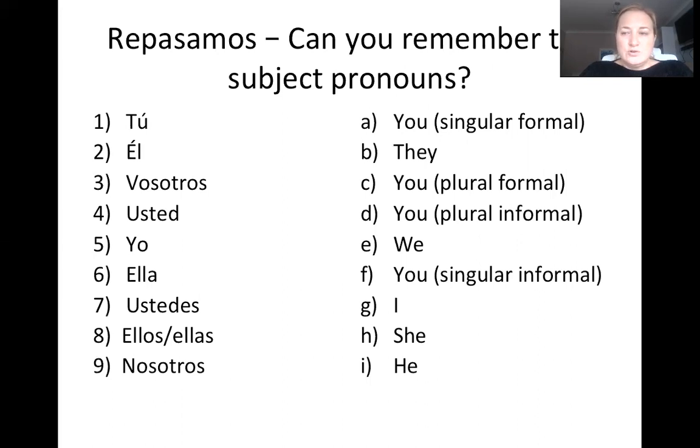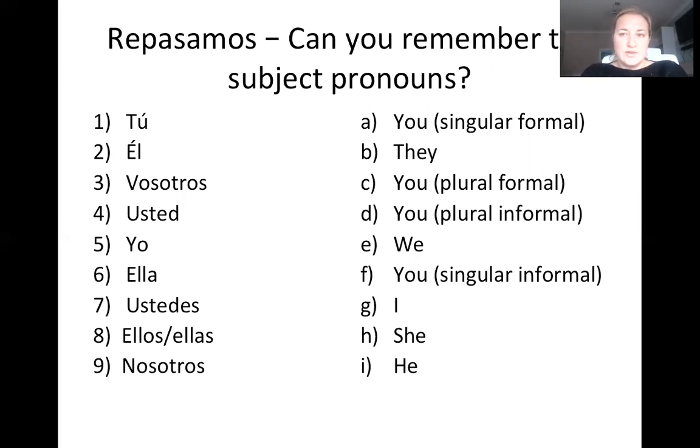Number 5, yo, we're going to match up with G, which is I. Number 6, ella, we're matching up with H, which is she. Number 7, ustedes, so you'll notice the similarity there between usted and ustedes. Ustedes then matches up with C, which is you, it's plural and it's formal.